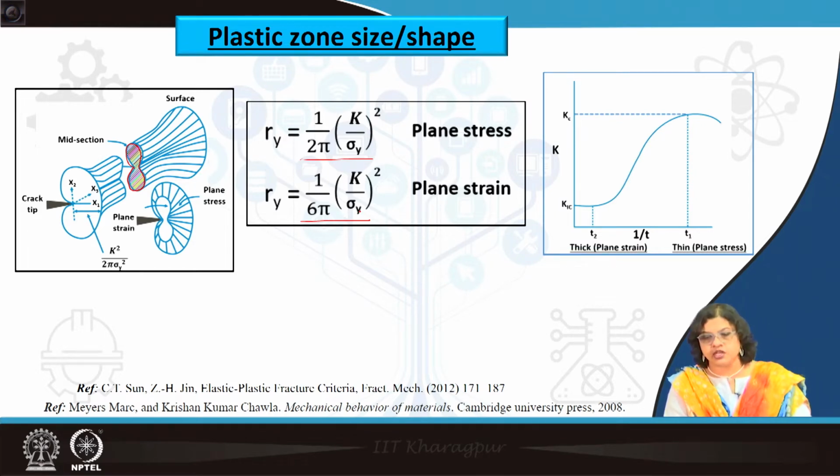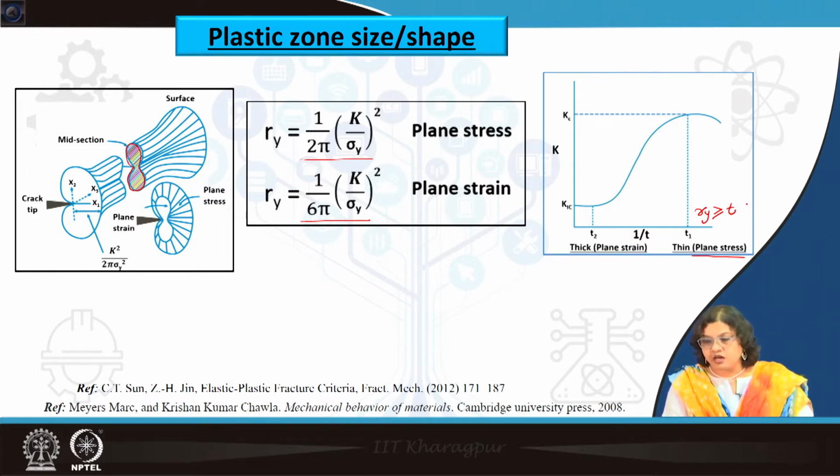We have also seen that based on the thickness of the component, plane strain or plane stress can be generated. For a thin component, plane stress condition is active, and when we say thin, we mean that the plastic zone size developed is greater than or equal to the thickness of the component.